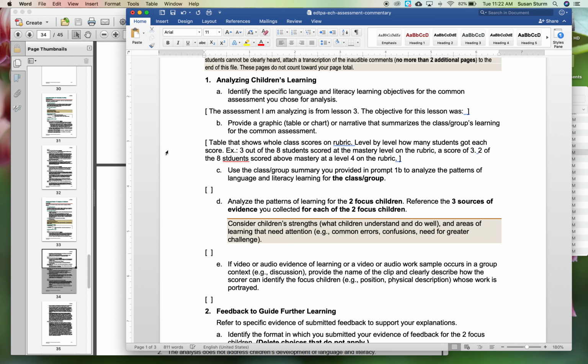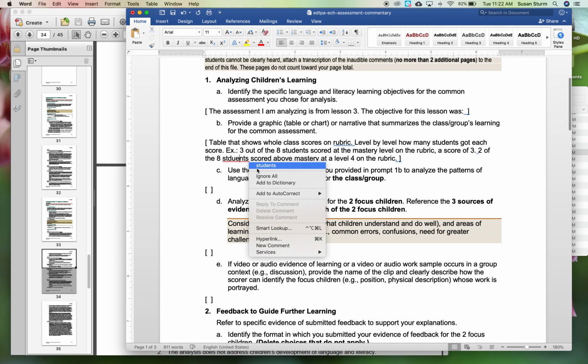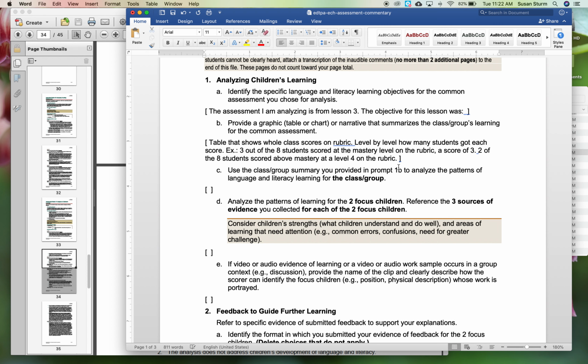Okay, and you would continue in that fashion, talking about who scored above, who scored below, who scored on the level of the rubric that you've set as mastery, and that needs to match your learning objectives.